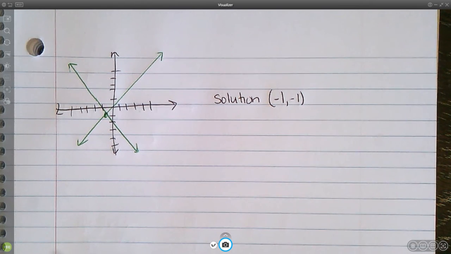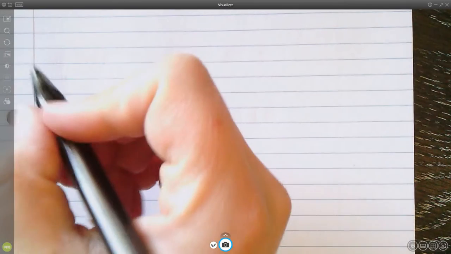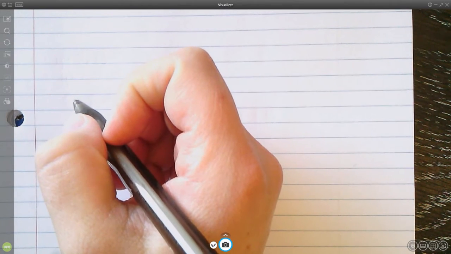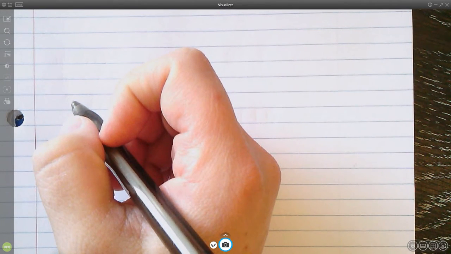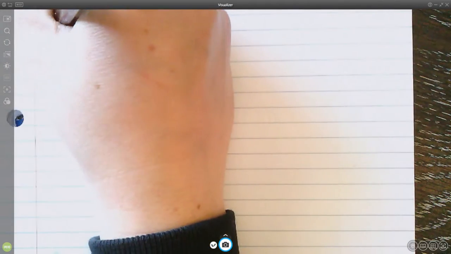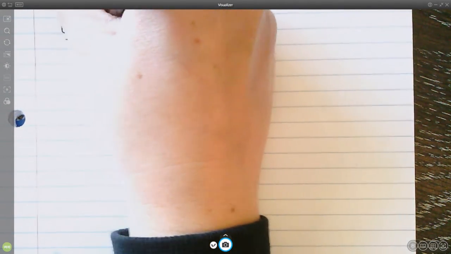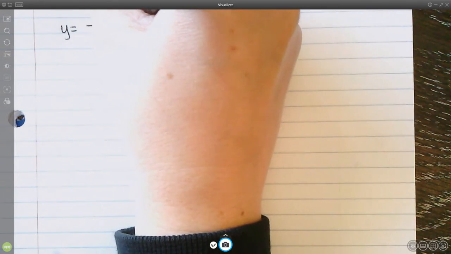Okay, so let's look at an example where we have to actually graph something. So let's try y equals -1/2 x plus 4 and y equals 3x minus 3.